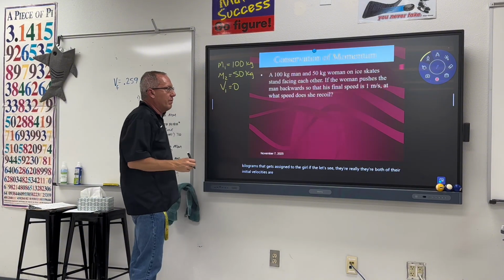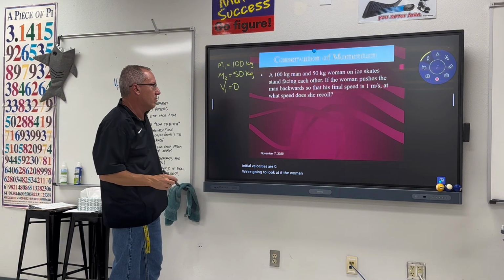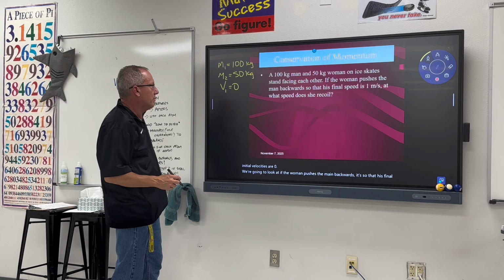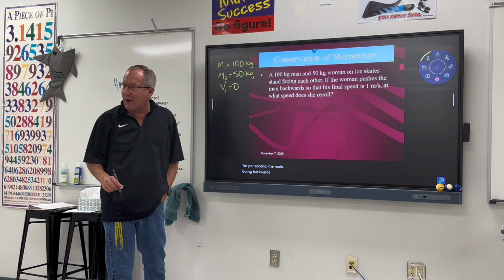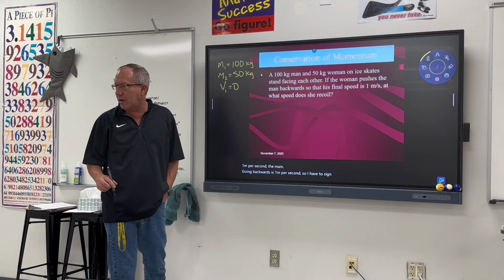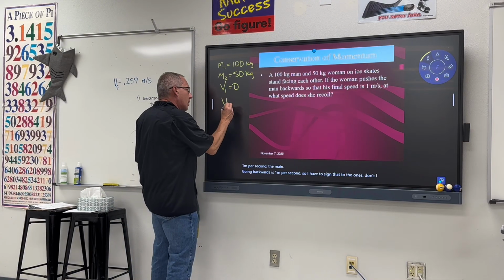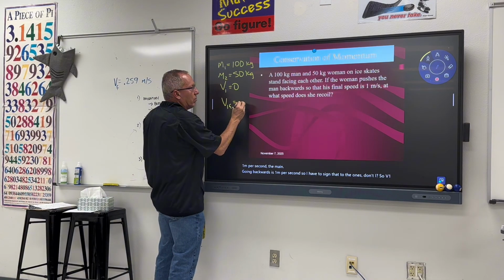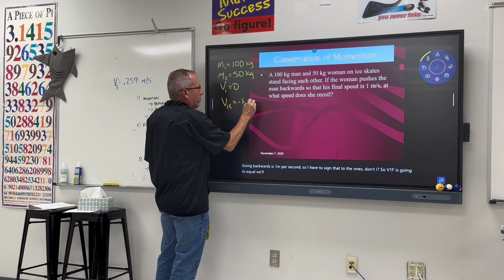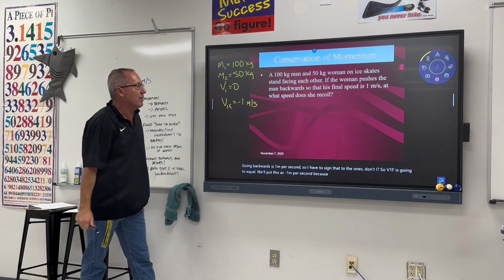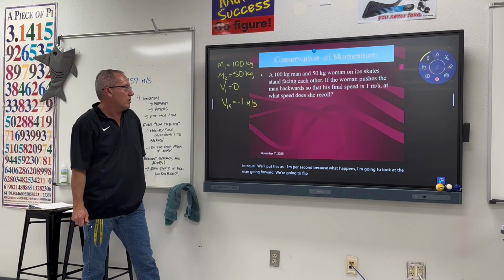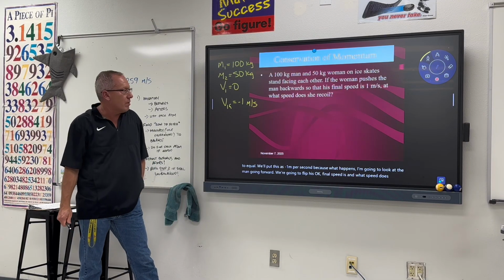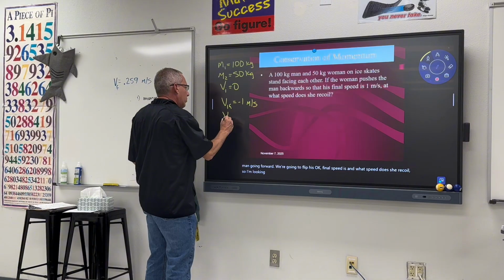If the woman pushes the man backwards so that his final speed is 1 meter per second, the man going backwards is 1 meter per second, so I have to assign that to the ones. V1F is going to equal -1 meter per second, because the man is going in the negative direction. At what speed does she recoil? So I'm looking for V2F.